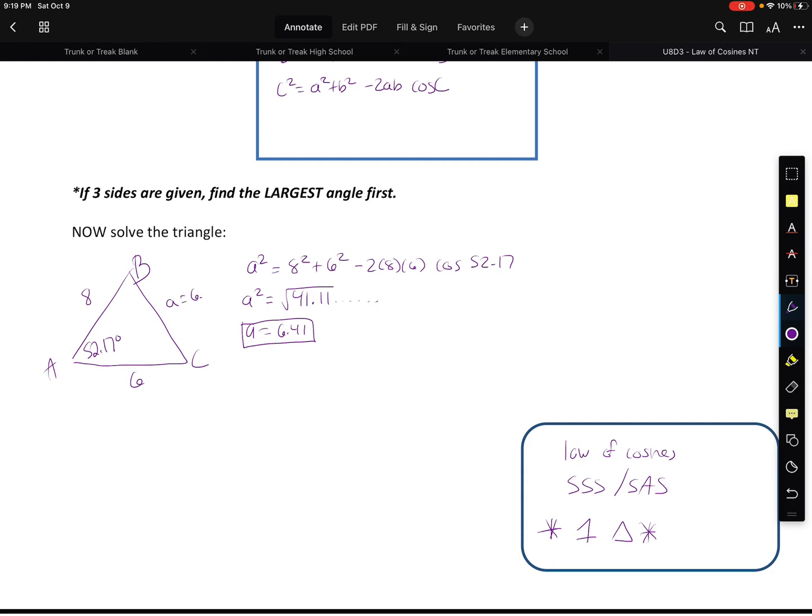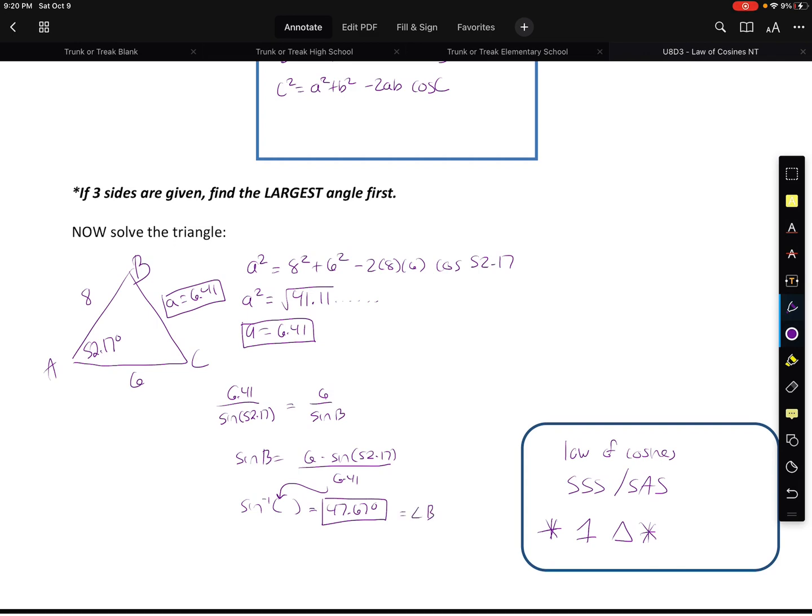So we got A now, 6.41. Now we're good to solve for angle B or angle C. You could use law of cosines, or at the moment, jump back to law of sines. 6.41 over sine 52.17 equals 6 over sine B. If I do all my cross multiplying and dividing, 6 times sine 52.17 over 6.41, I do the inverse of this number, and I get 47.67 degrees.